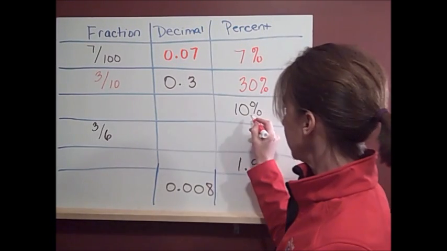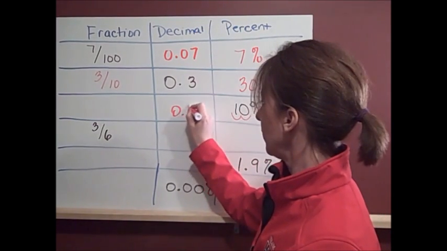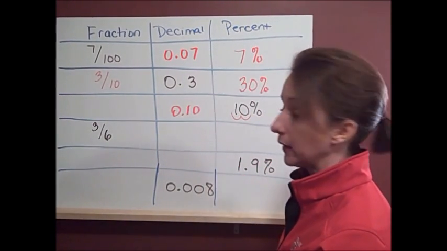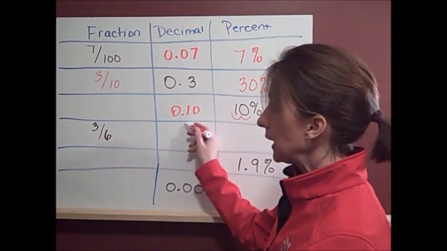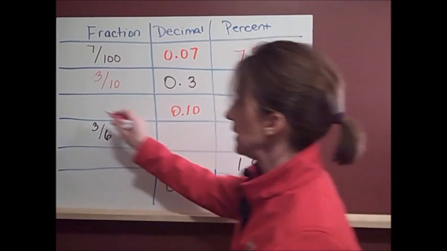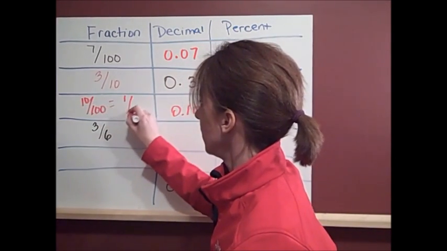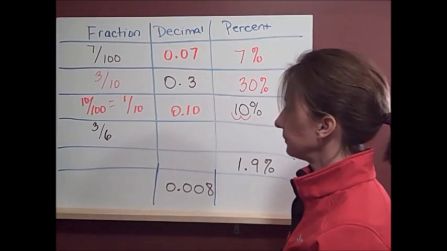Percent to decimal, to the left, to the left. 0.10 or 0.1. Read it, write it, simplify it. If I read this, it's 10 hundredths. 10 hundredths simplifies to 1/10.